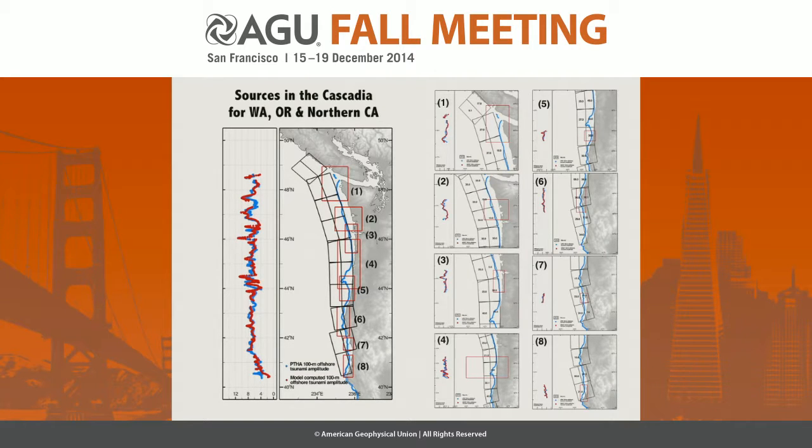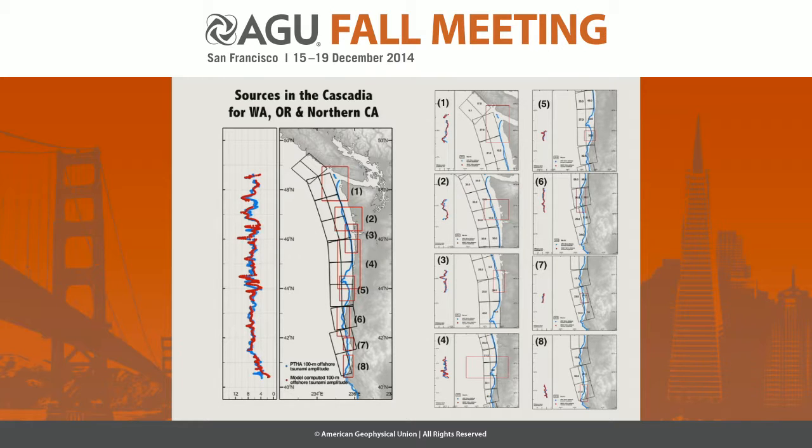So here are examples of the breakdown sources in the Cascadia for Washington, Oregon, and Northern California. And based on the PTHA analysis, this part of the coastline, the tsunami offshore amplitudes are pretty much controlled by the local Cascadia sources. So on the right-hand side, you can see we divide the coastline into eight segments.